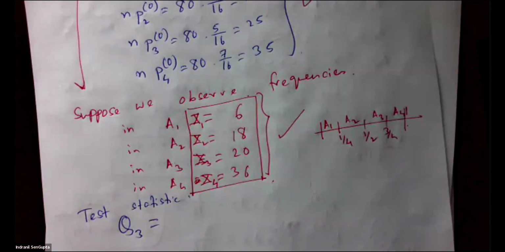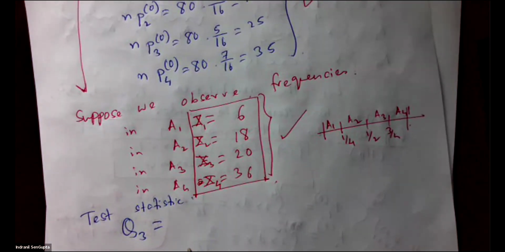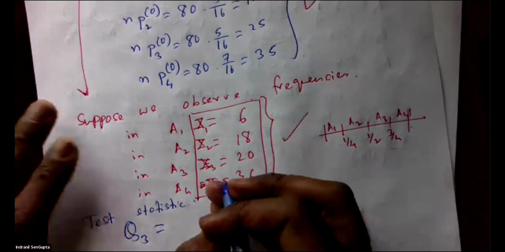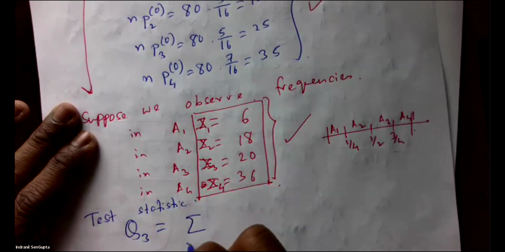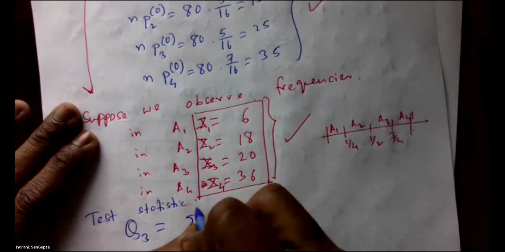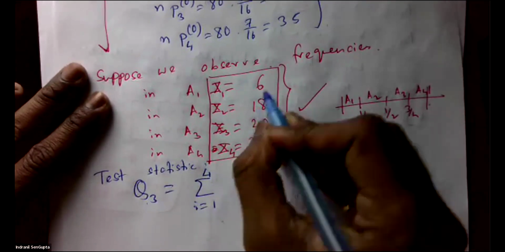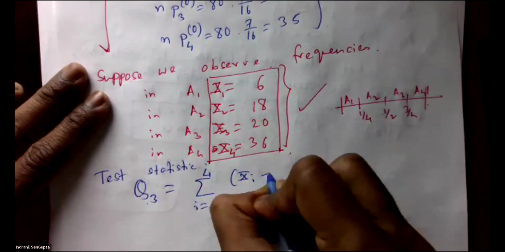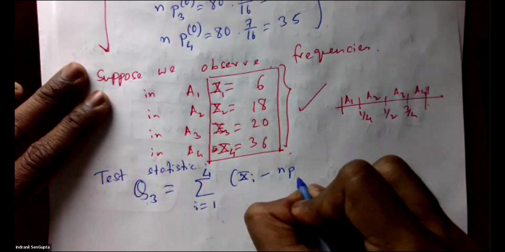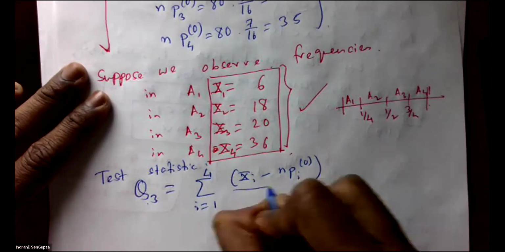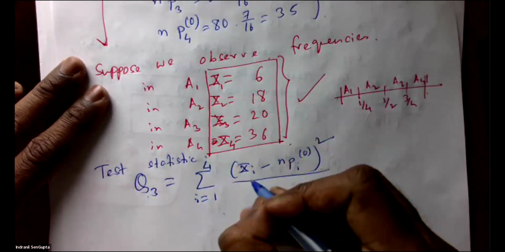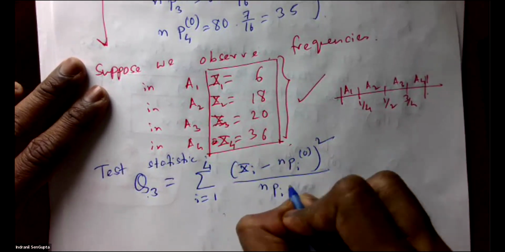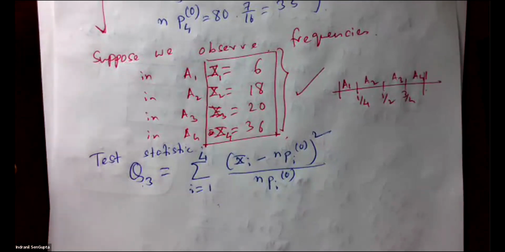So what is the Q3, the way we construct the test statistic? This is basically the sum over i from 1 to 4. Remember, it's 3, but we are adding all the 4. So it's basically (xi minus npi0), that's expected, squared, over npi0. This is the formula I'm again and again using.